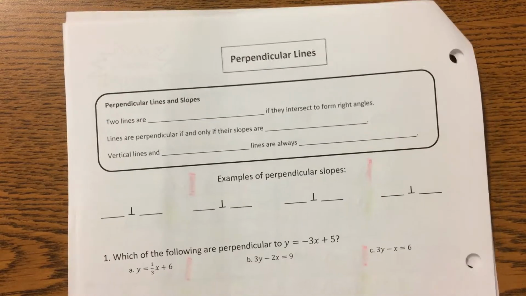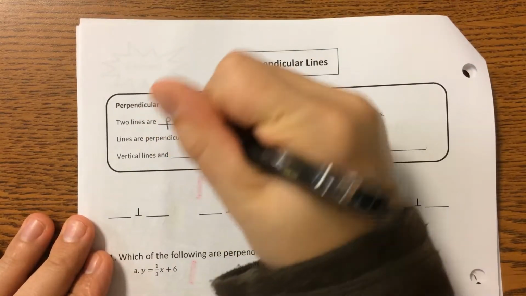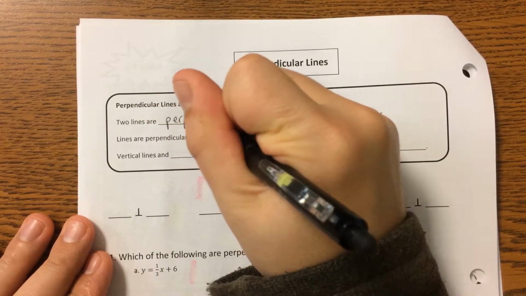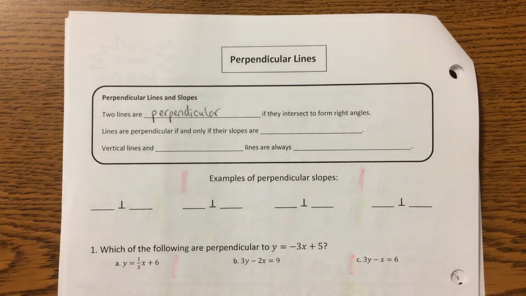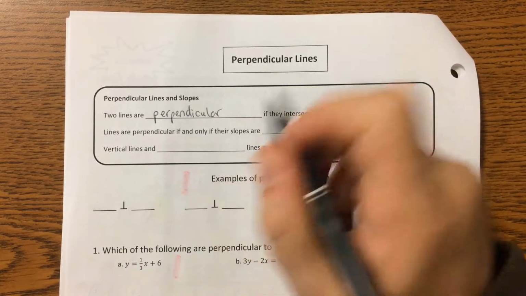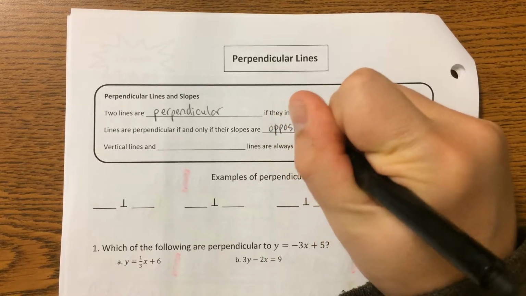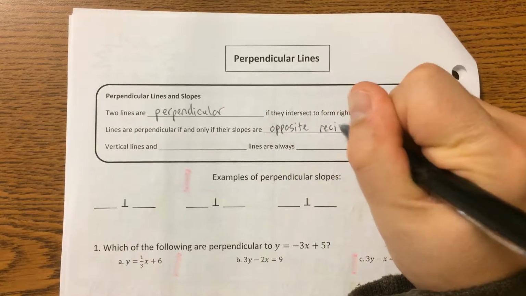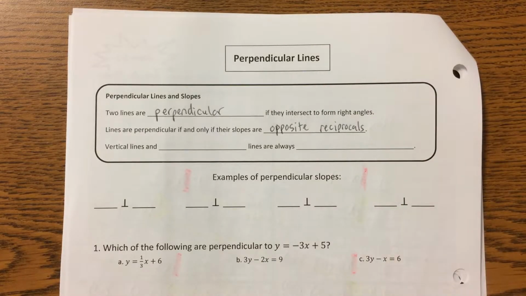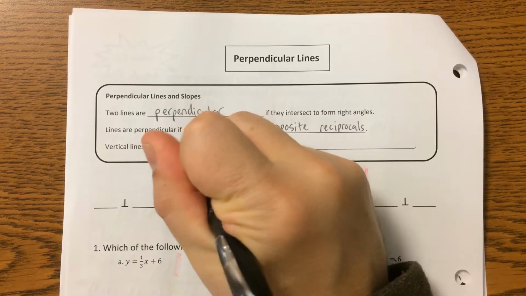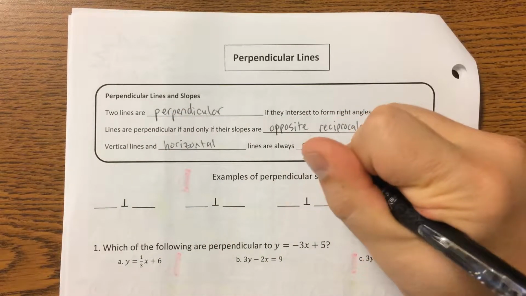All right, so perpendicular lines: two lines are perpendicular if they intersect to form right angles. Lines are perpendicular if and only if their slopes are opposite reciprocals. Vertical lines and horizontal lines are always perpendicular.